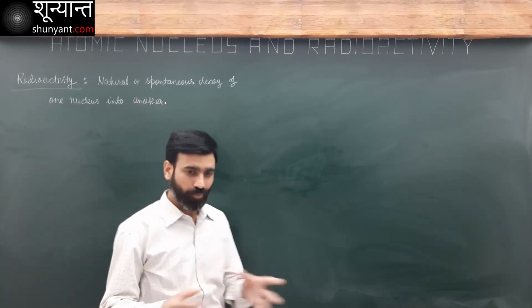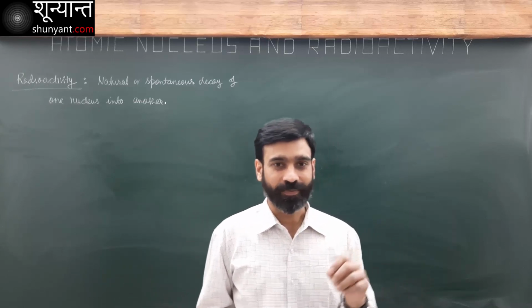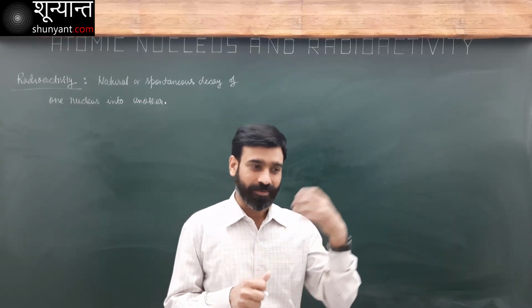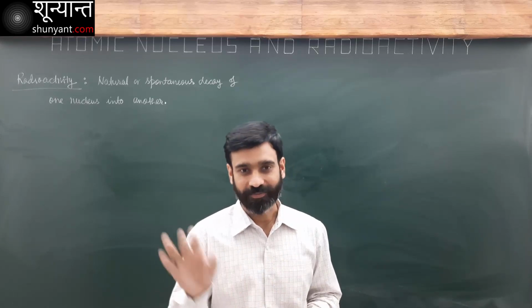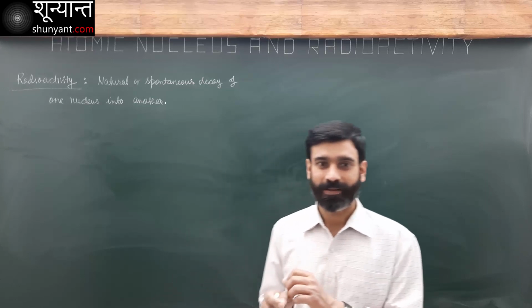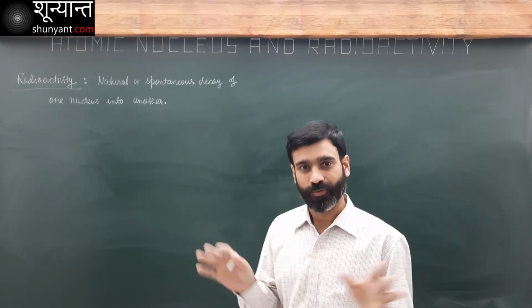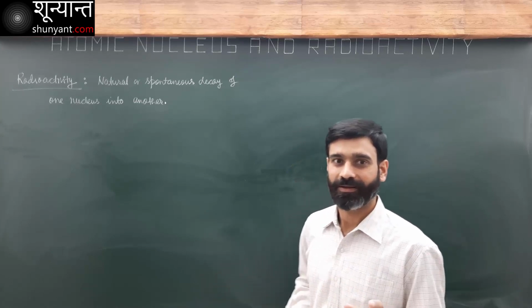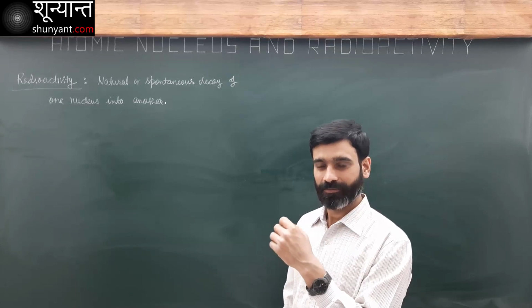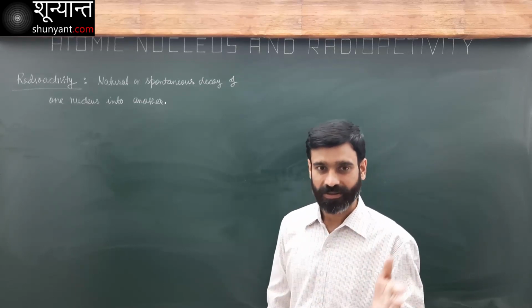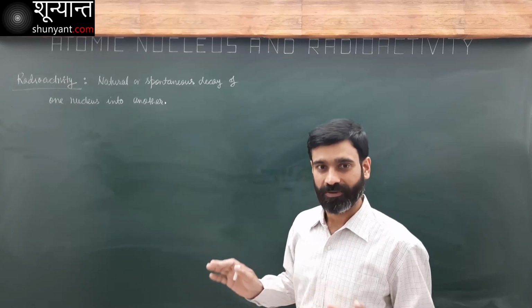Natural decay, on its own, it decays. Here the uranium 235 was decaying into several other nuclei because it was bombarded. That was artificial. But here, without any external influence, it keeps on decaying on its own, naturally. That natural, spontaneous nuclear reaction is known as radioactivity.